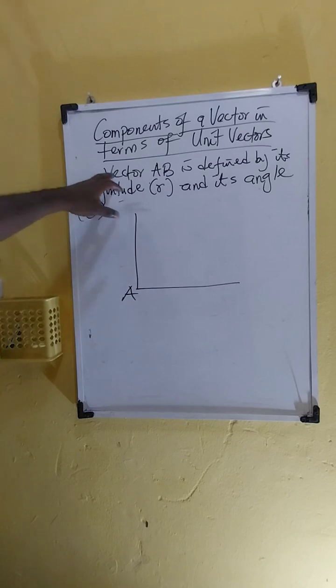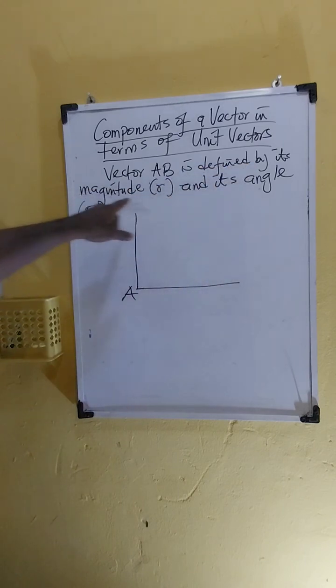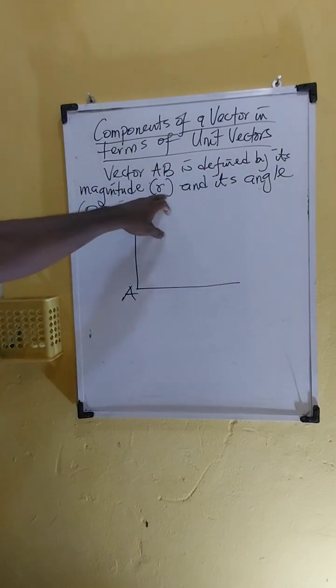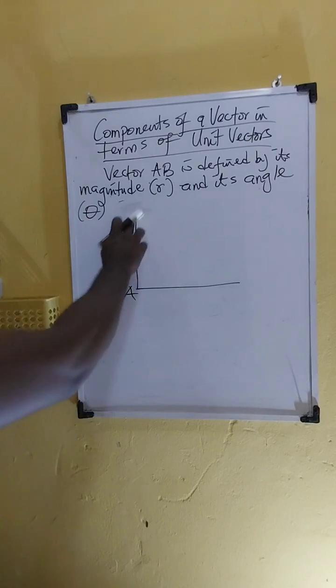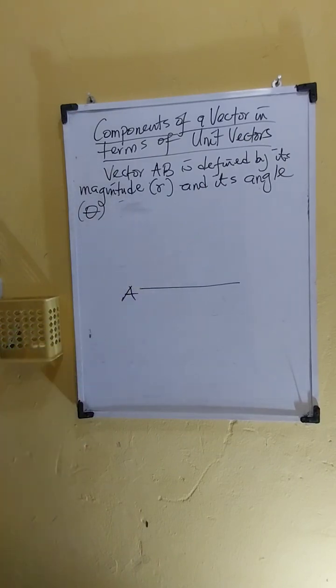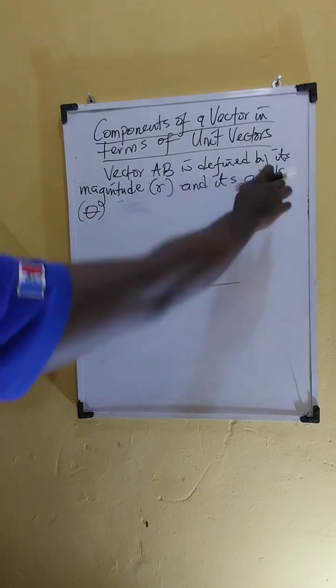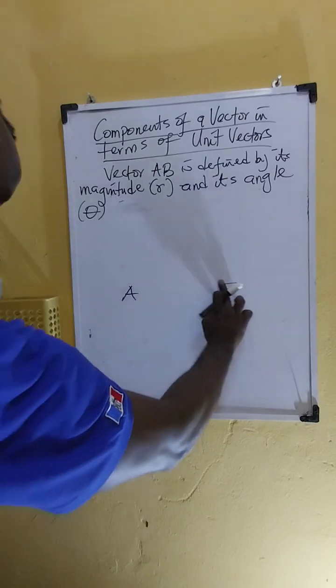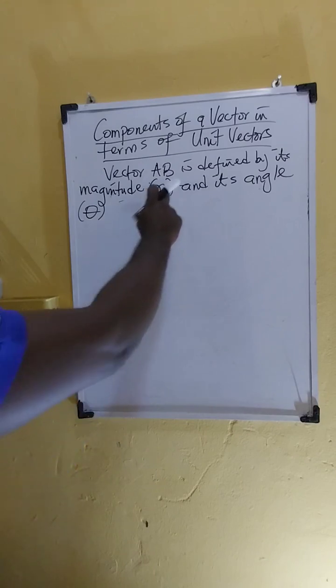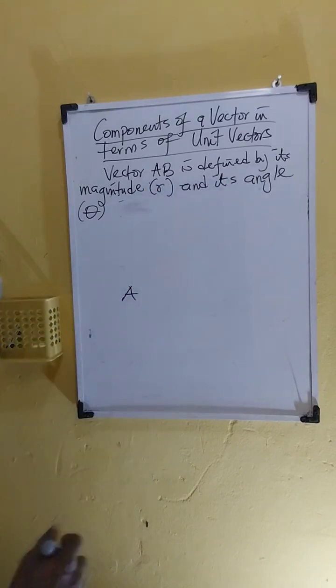So vector AB is defined by its magnitude, arrow, and its angle, theta. That means vector A has magnitude. Aside from having magnitude, the movement of its magnitude actually results in having an angle.